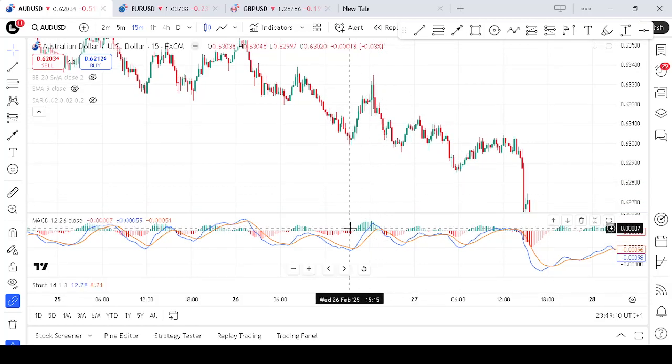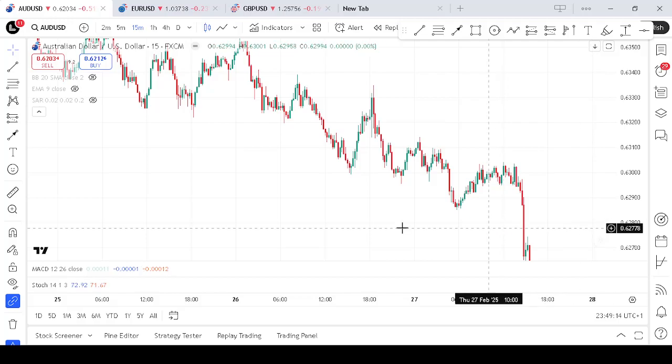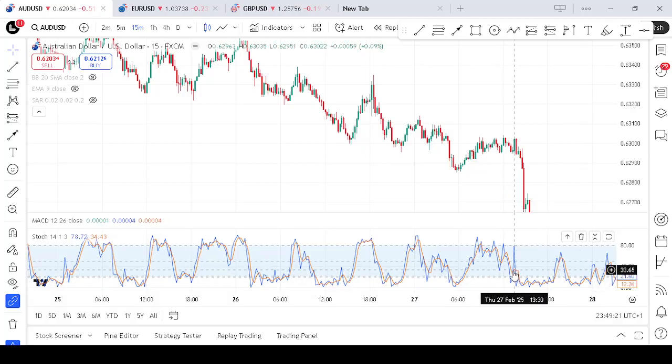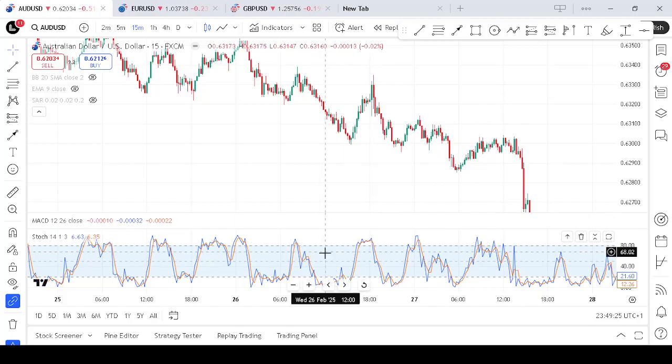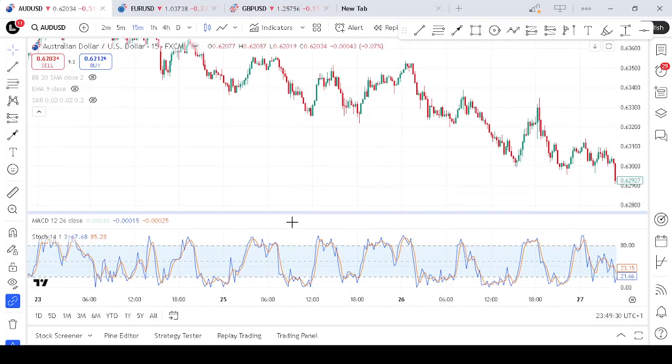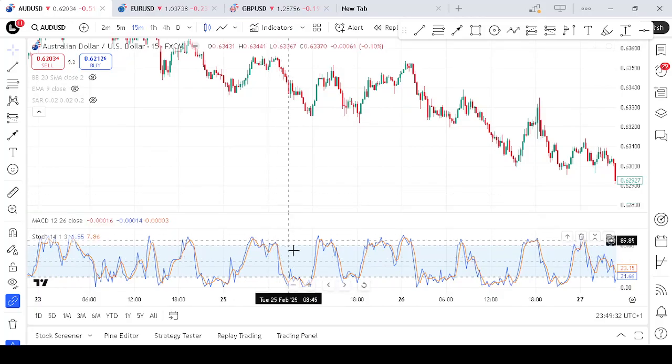The next indicator we are going to look at is our stochastic oscillator. This oscillator excels at identifying overbought and oversold conditions in the market. Enter long trades when the line crosses above 20.